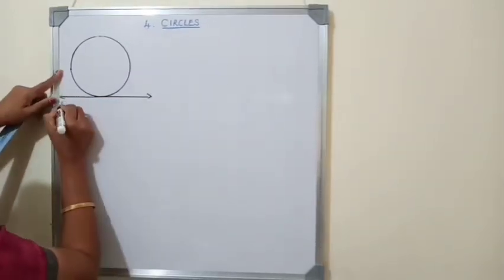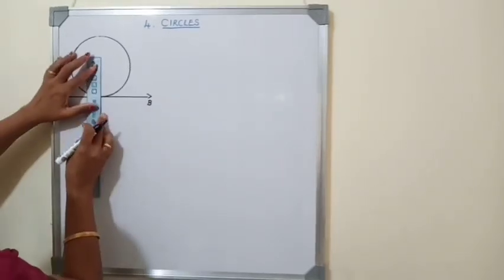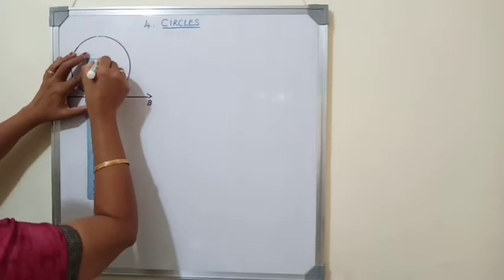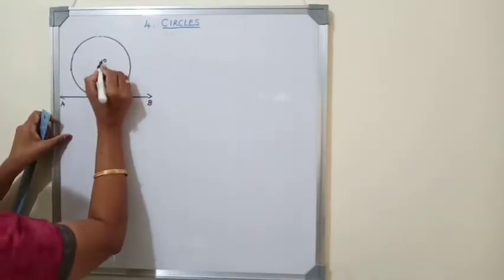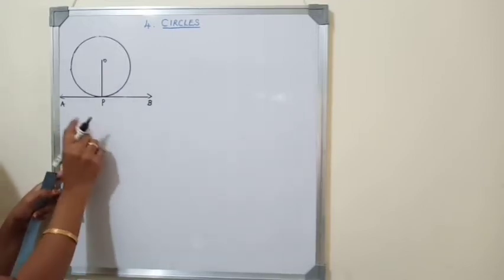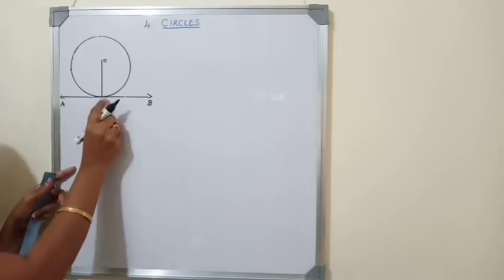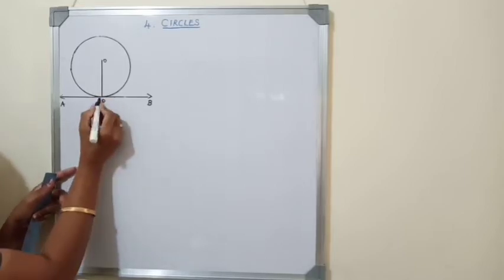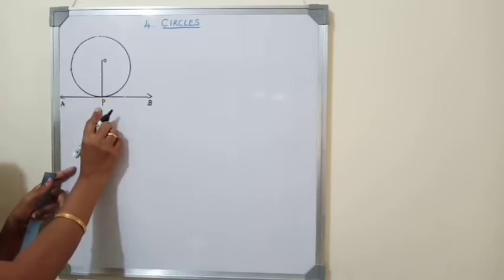AB is a tangent. Now from the center, we'll draw the radius. O is the center and let P be the point. OP is the radius. Here AB is the tangent. The tangent will be touching the circle at one point. The point at which the tangent touches the circle is called the point of contact.